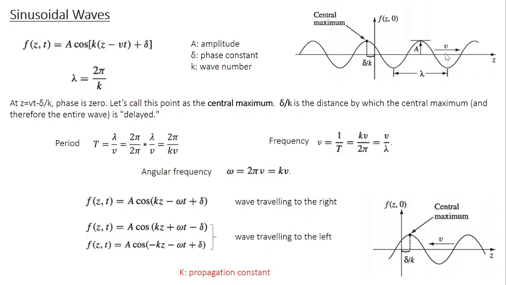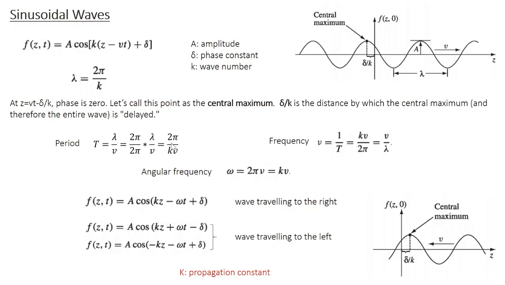If v is the velocity of wave motion, we know that time is nothing but distance by velocity. So you can write T equal to lambda by v. You can divide and multiply with 2 pi. So 2 pi by lambda is k. So lambda by 2 pi is 1 over k.